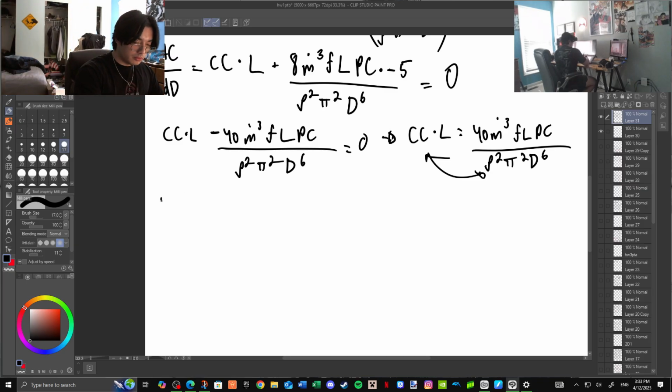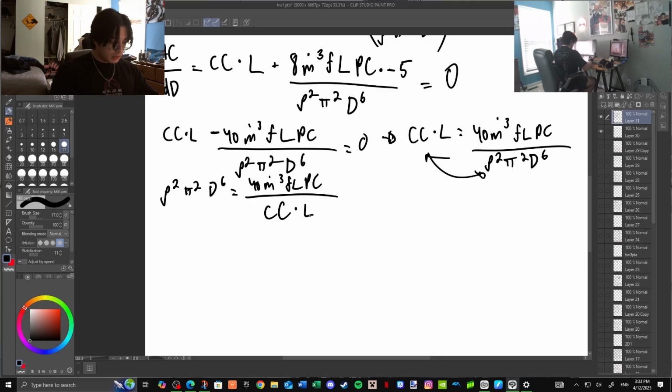So you can get rho squared, pi squared, d to the 6th, and then that'll just swap places with the left side of the equation. Just got to rewrite this again. PC over C times L.